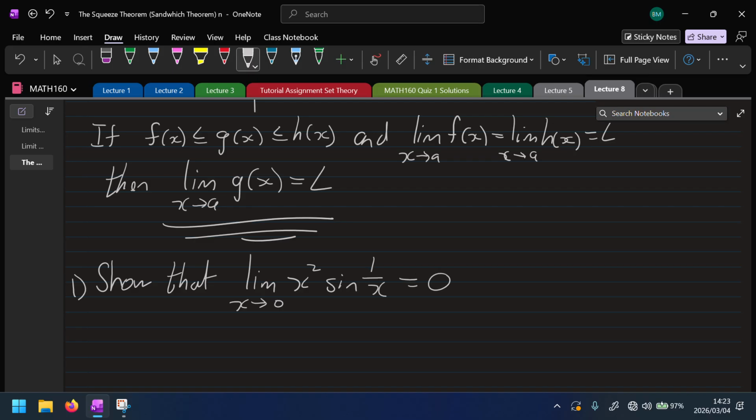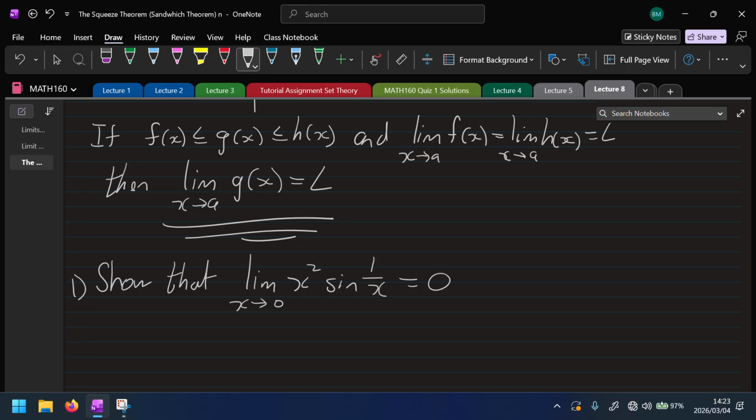Now here, we can't use our limit laws of splitting this in two parts. Why? Well, if we look at the limit of the first part, x squared, that limit will be 0. Okay, that's fine. But we need both parts to exist. If we look at the second part, the limit as x goes to 0 of sine 1 over x, that's undefined, right?